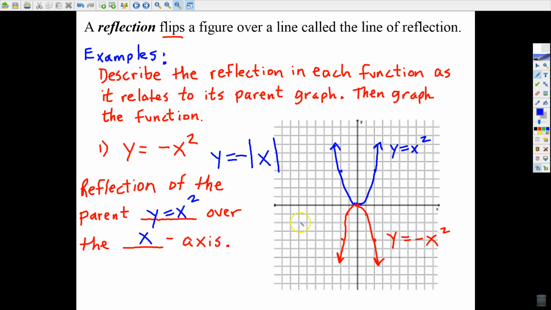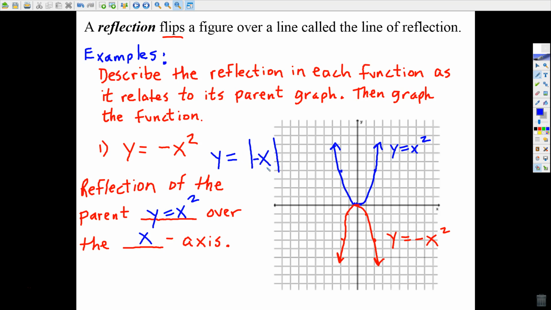Am I reflecting now over x or over y with this example? I'm reflecting over x because the minus sign is outside. When I move it inside, I am now reflecting over y.